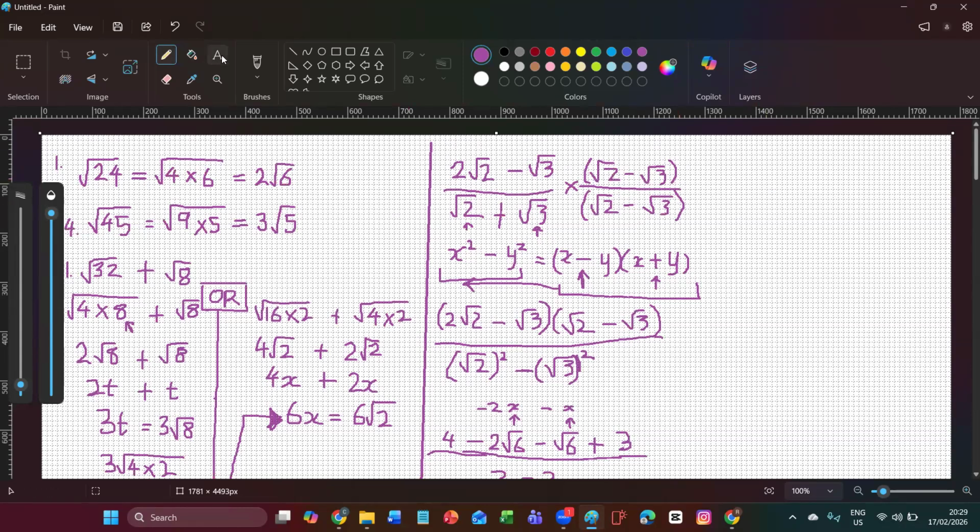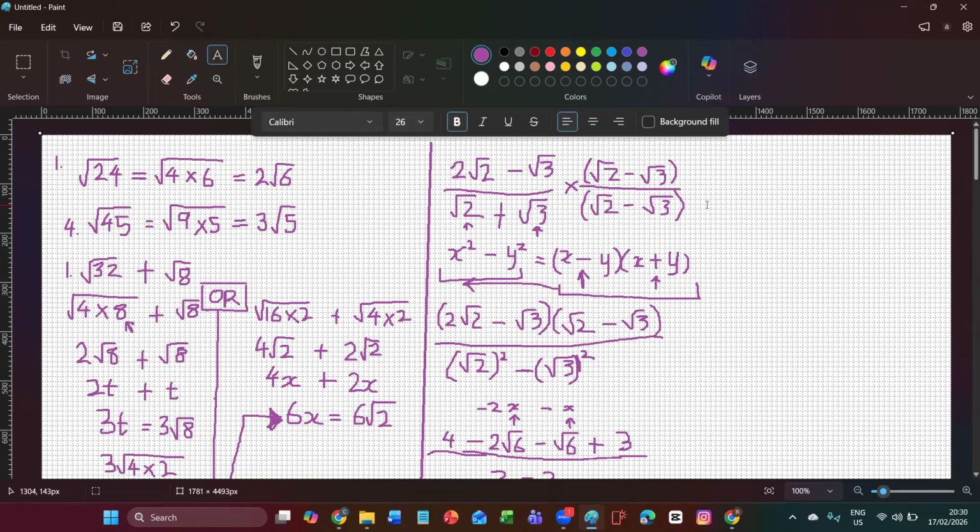Okay, so let me just put it here for conjugate. The conjugate of a root is used to rationalize expressions.